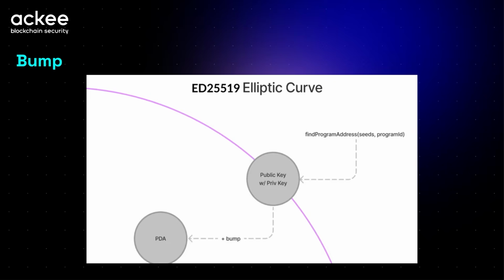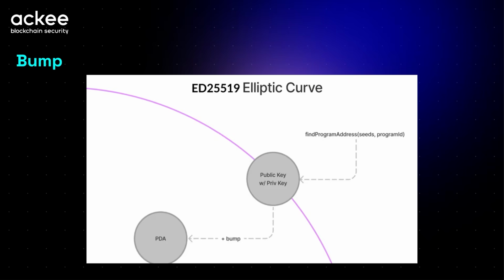So for that case, you use the bump, which is just an addition. It is a simple 1-byte number from 0 to 255, and you use that as an addition to the seeds. So if the resulting address actually landed on the curve, then you use the bump as an additional seed and rederive the address a second time.